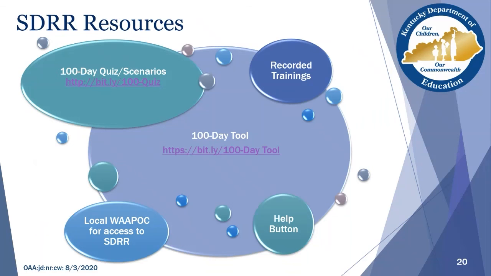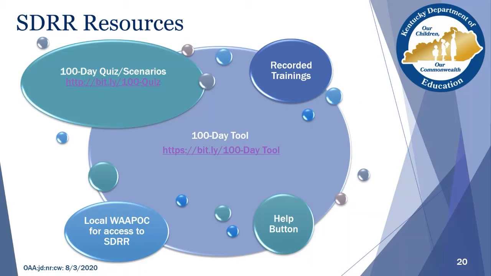Also, we want to talk about some of the SDRR resources. We have the recordings that we're doing for data review and cohort, and we also have the help button to help you in SDRR. We also have the WAPOC, who would help you get access to SDRR.